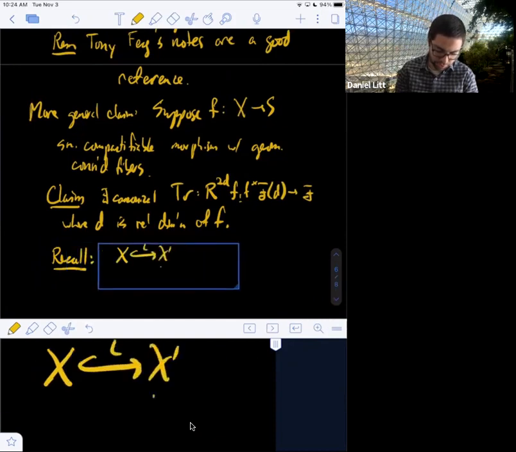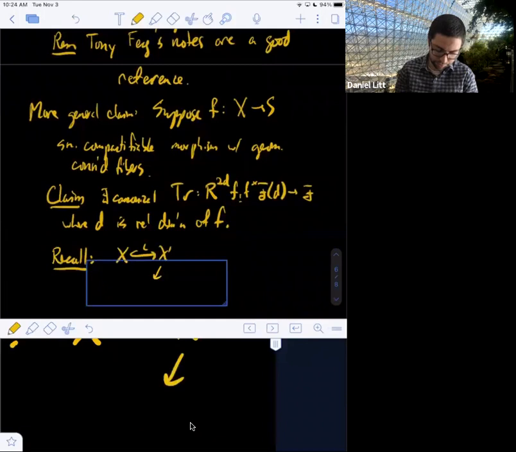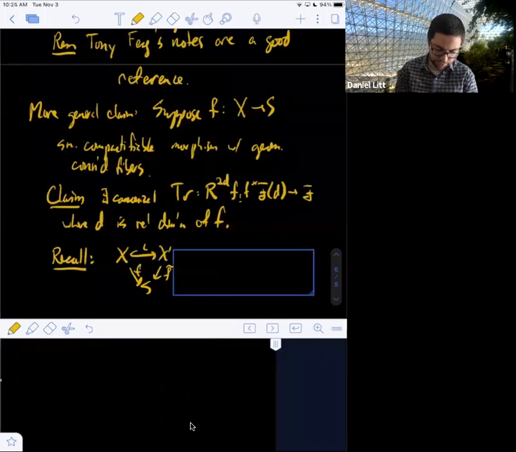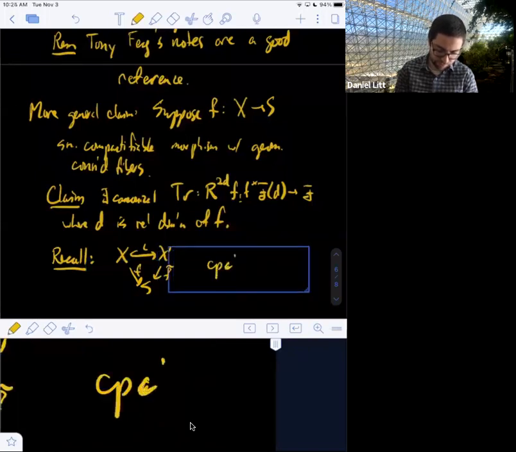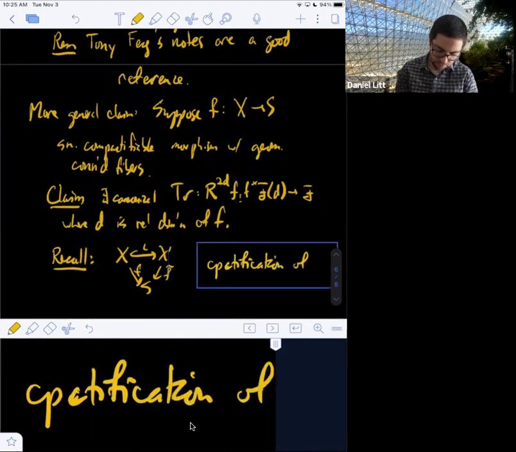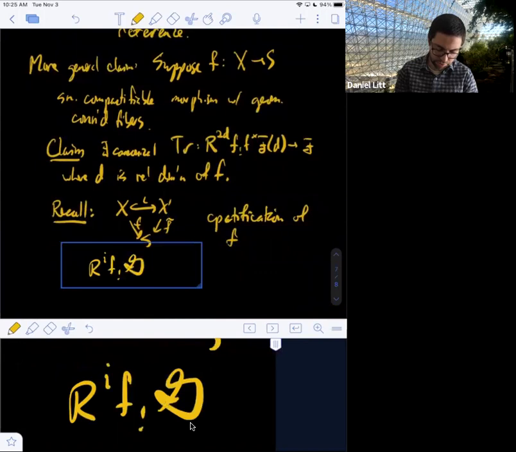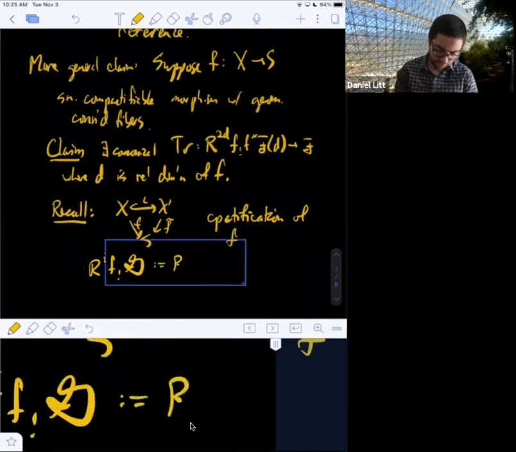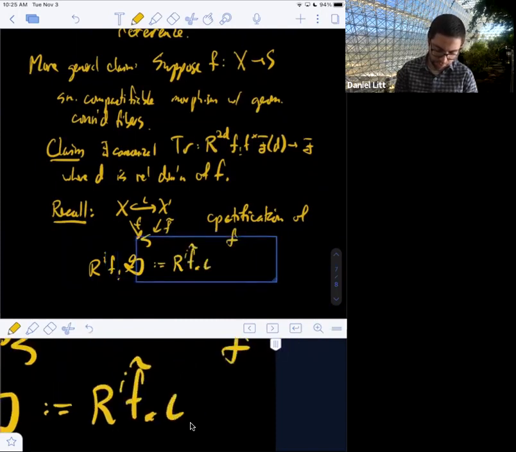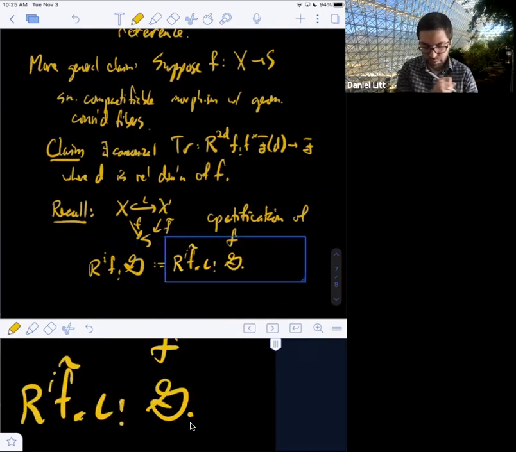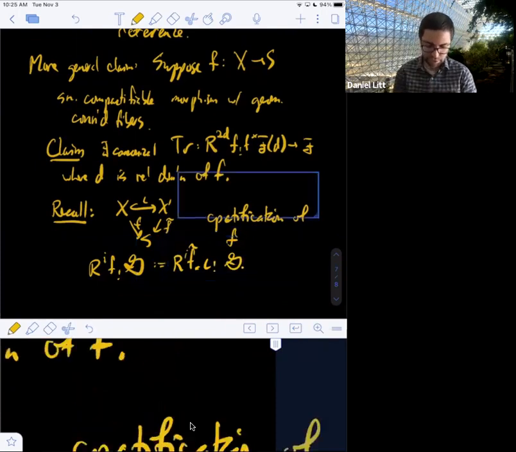If iota goes from X to X prime, and then we have some f tilde, so this is a compactification of f, then we define R^i f_! of a sheaf G to be R^i f tilde lower star of iota lower shriek of G. Okay, so that's what this term means.